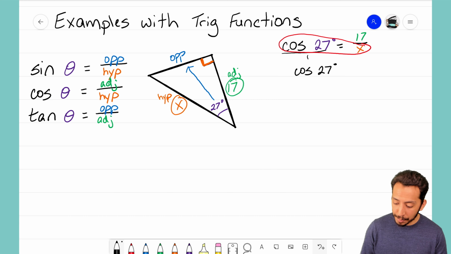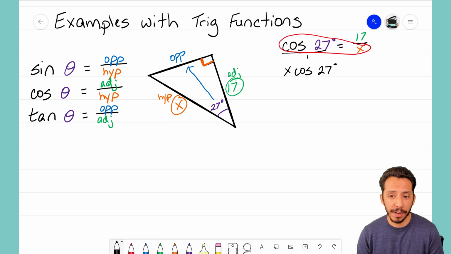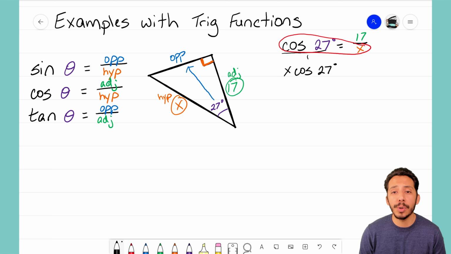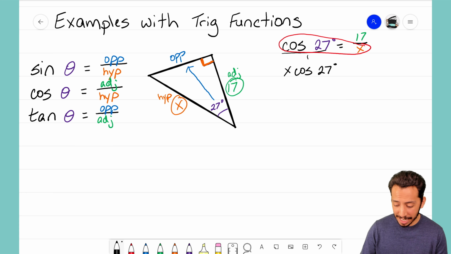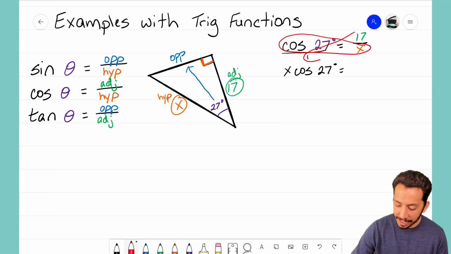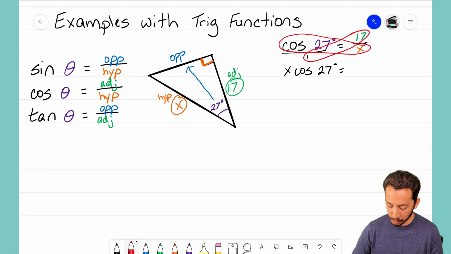So to alleviate that problem, I always write the variable in front of the trig function, in front of sine, cosine, or tangent, just so we don't get confused and see that as 27x. So I have x times cosine of 27 equals, let's cross multiply the other side, 17 times 1.